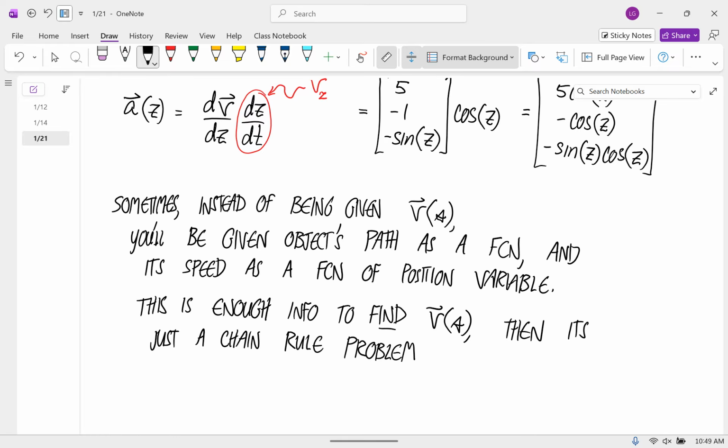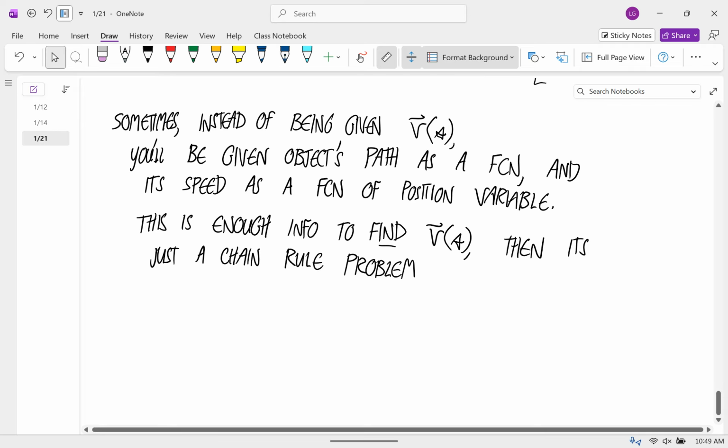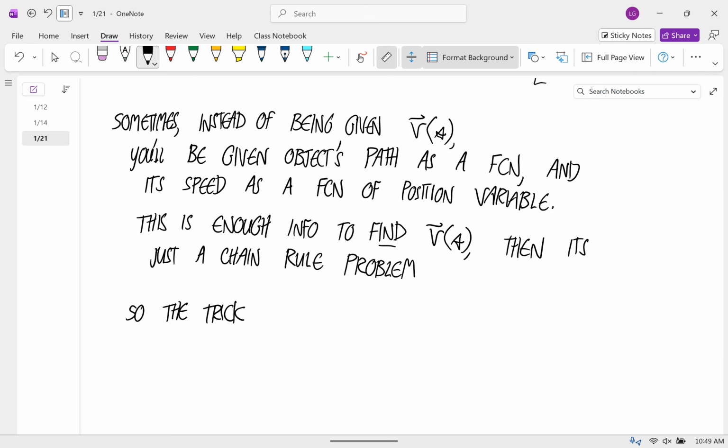Okay, so the only thing that's different about these problems than the other ones is going from the path and the speed to the velocity vector as a function of that position variable.